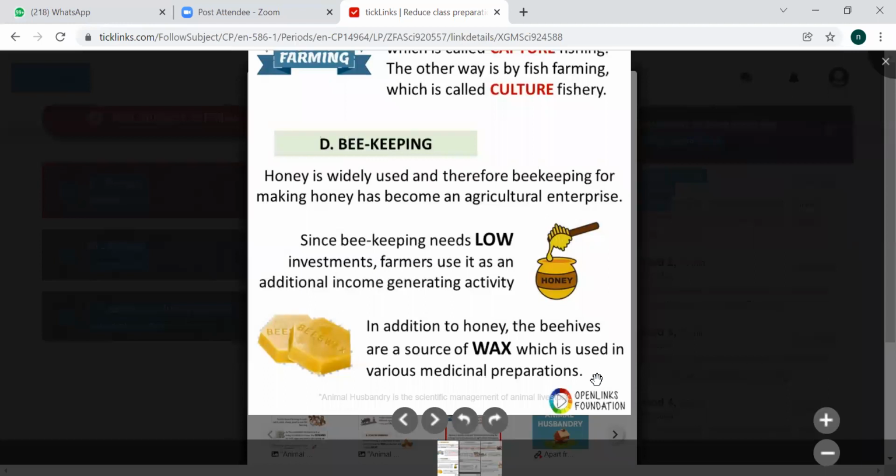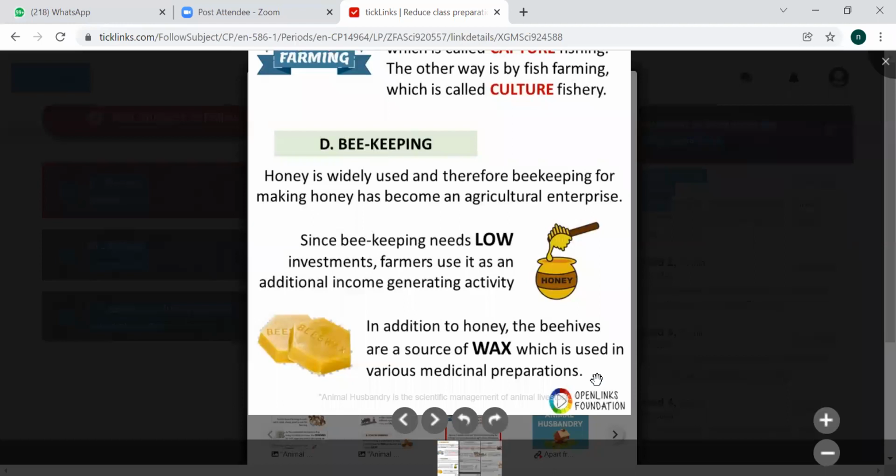In addition to honey, the beehives are a source of wax, which is used in various medicinal preparations. Okay, very good. So you do understand that honey is also very important. It is also a dietary product, and it gives a lot of nutritive value. And it has medicinal value also, especially the wax from the honeybee.